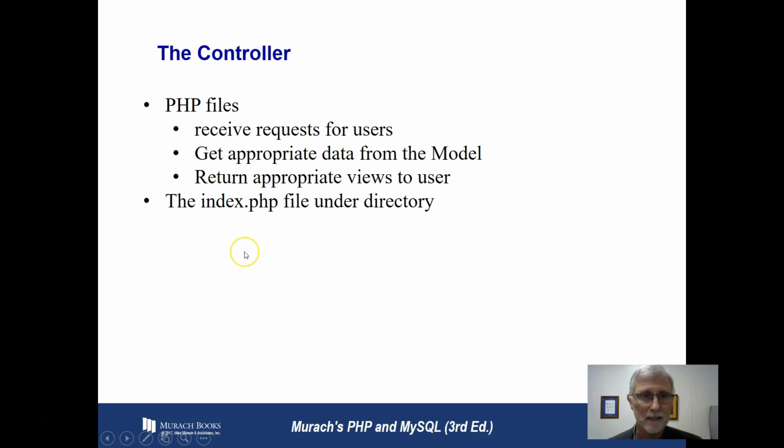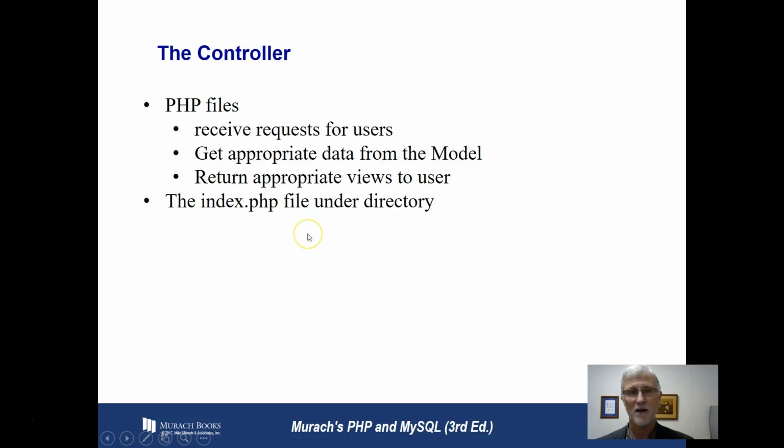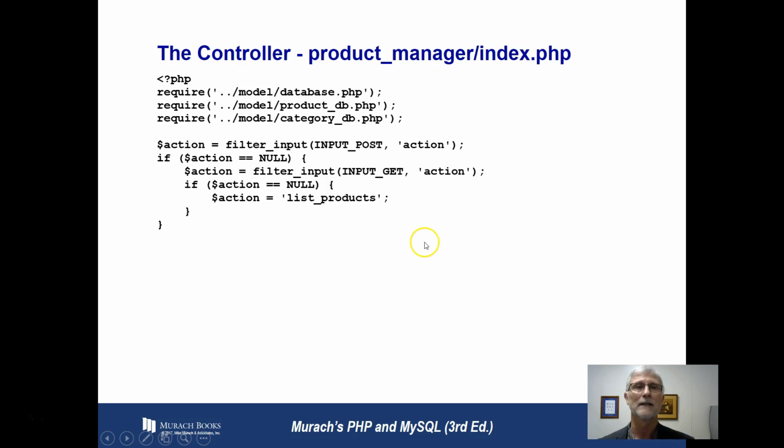Now the controller file. Those are the PHP files that receive requests from the users. It gets the appropriate data from the model and then returns the appropriate views to the users. Usually under the controller, the index PHP file is underneath that directory.